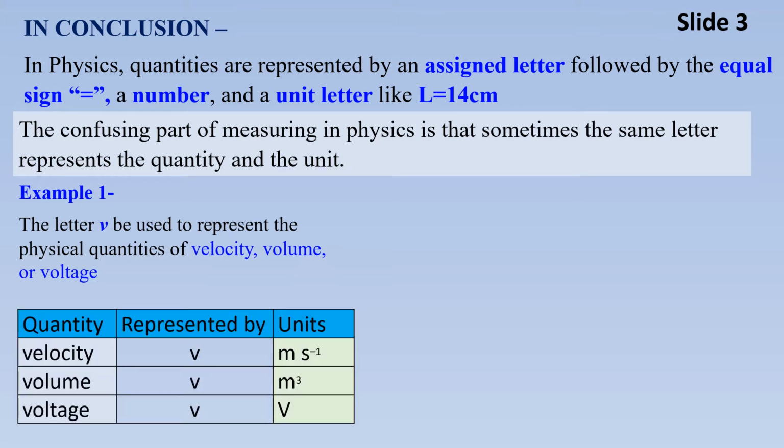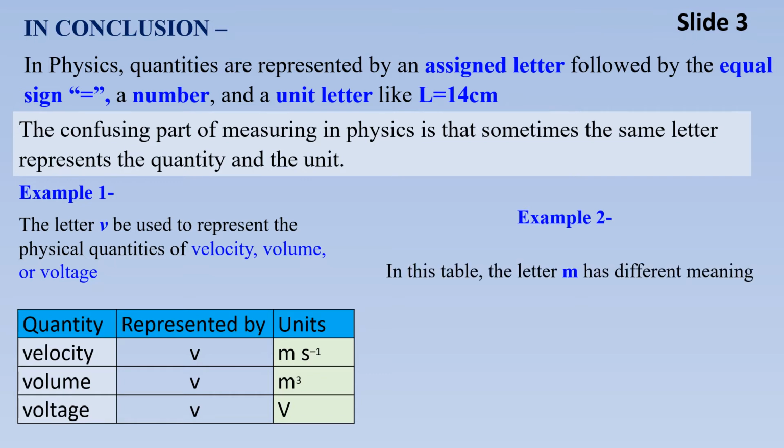So here are the quantities, and all of them, velocity, volume, and voltage, are represented by the letter V. Now the unit for velocity is meters per second. The unit for volume is cubic meter, and the unit for voltage is also the letter V, but in this case represents volts.